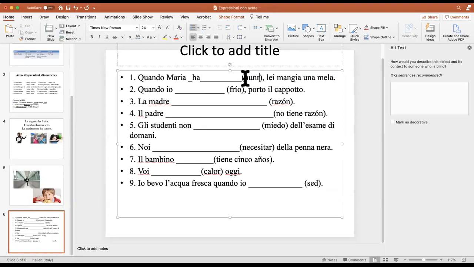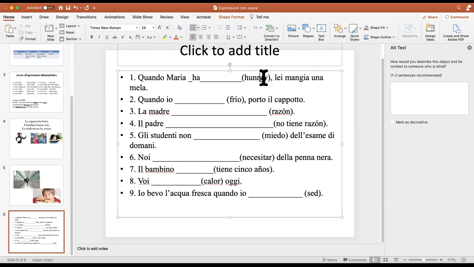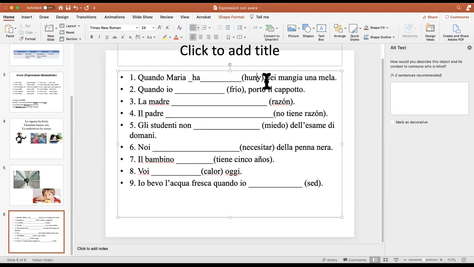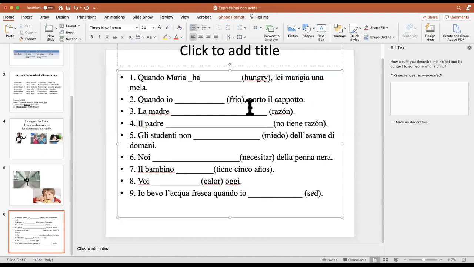I made a copy where I put everything in Spanish for the benefit of some of my other students. And I thought I saved the English part, but quando lei ha fame, lei mangia una mela.